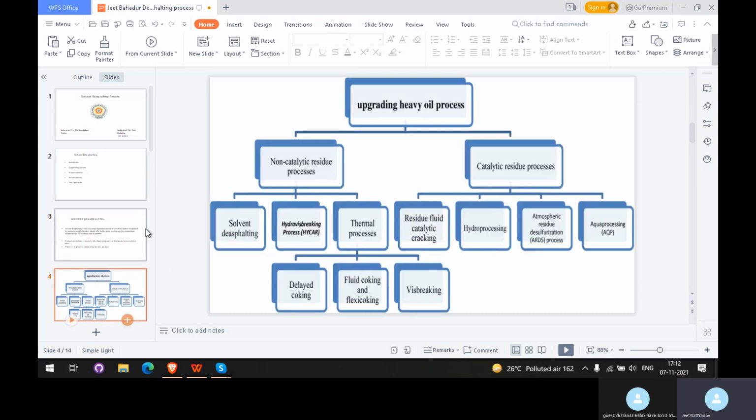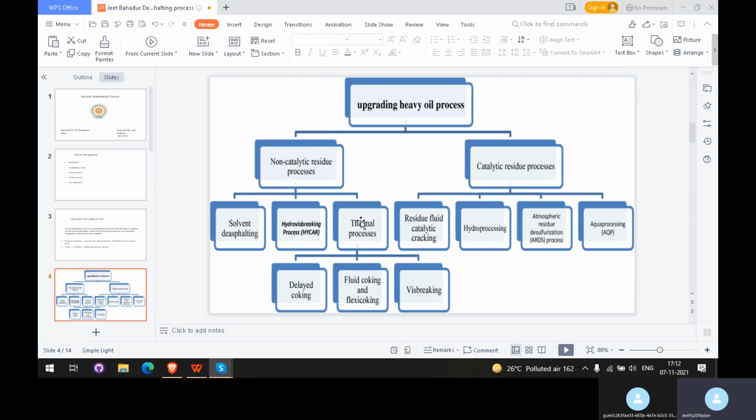So moving forward, this is a typical flowchart diagram where we will discuss how solvent deasphalting comes into the picture. First we have the upgrading heavy oil process, in which we have the non-catalytic residue process and the catalytic residue process. The non-catalytic residue process has solvent deasphalting, hydrovisbreaking, and thermal processing.